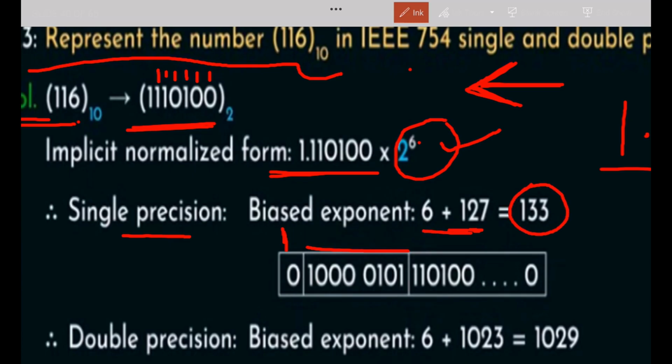This 133 I will convert to binary form. You can calculate also. After that, this value is the mantissa, 110100. And what is the length of this mantissa? Already we discussed. Here we will not waste the time.